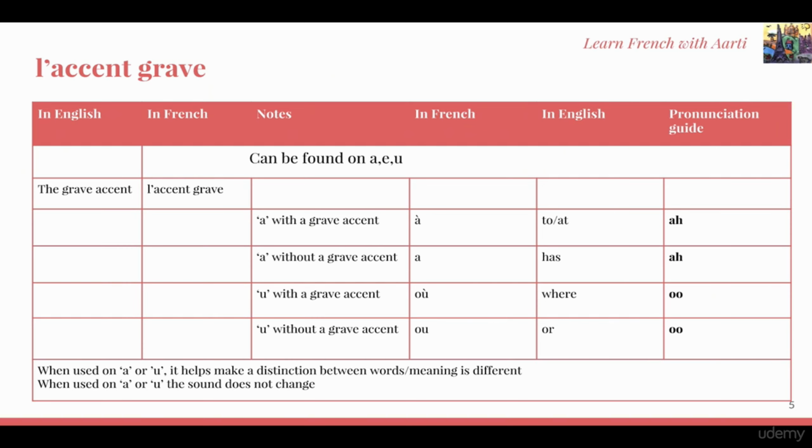The letter U with accent grave, où, means where. Where are you? U without the accent grave, ou, means or. Coffee or milk. So when used on A or U, the accent grave helps make a distinction between words. Their meaning is totally different, but the pronunciation is the same. The sound does not change.